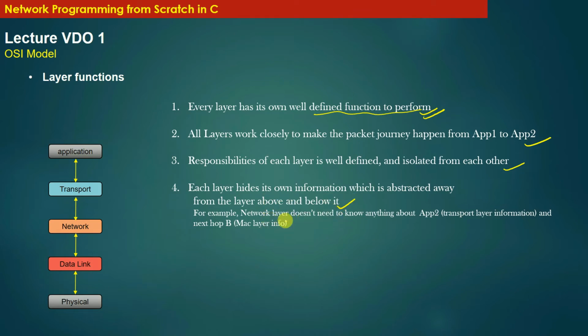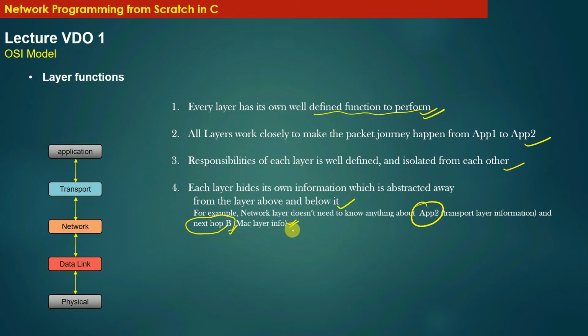For example, the network layer doesn't need to know anything about app 2. All the network layer knows is the source machine and destination machine. It does not know which application processes are trying to communicate. And the network layer does not know anything about the MAC layer info of the next hop.